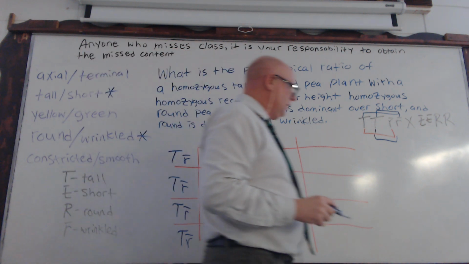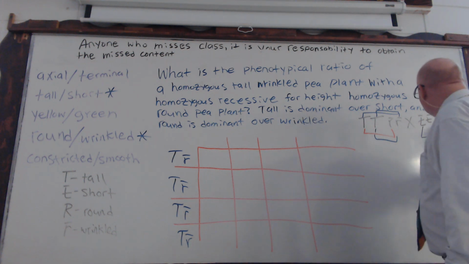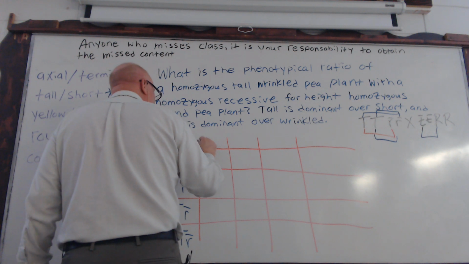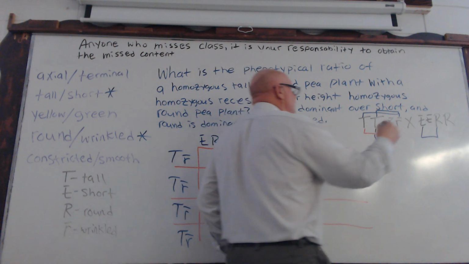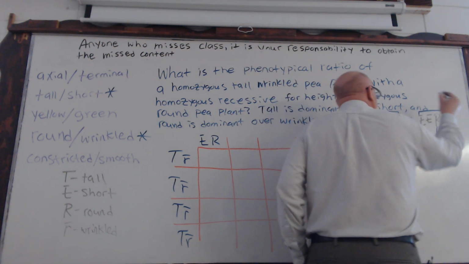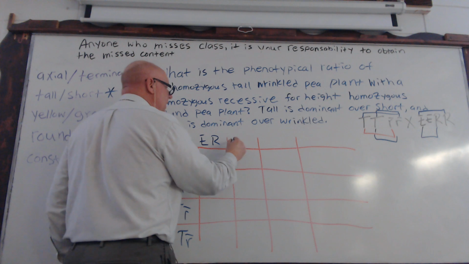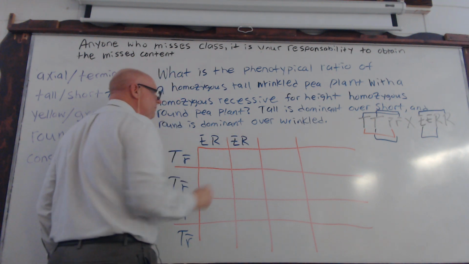Okay? So if we FOILed out this side, we're going to do the same thing over here. What do we have? Lowercase t and capital R. Then we do the outside in our FOIL, and we've got lowercase t and capital R. Okay?